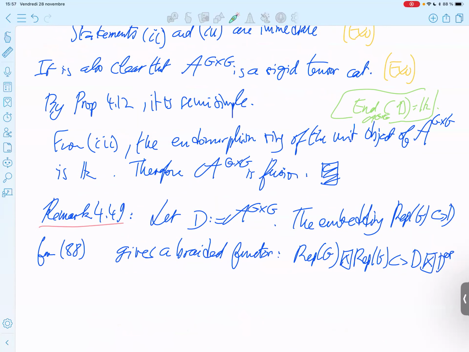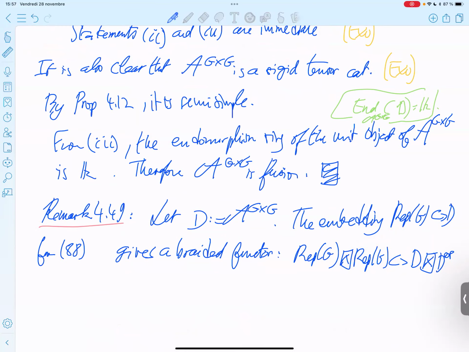In fact, here you can say Rep G tensor Rep G^op embeds into that, but in fact Rep G^op is equal to Rep G, so you get that directly.